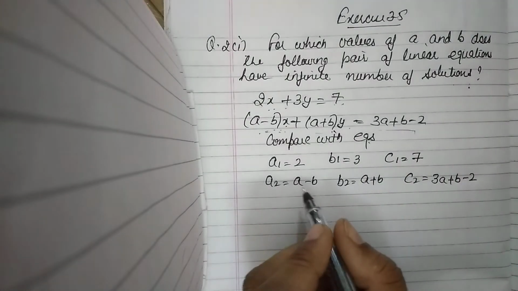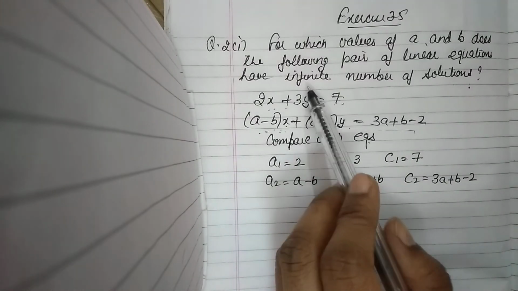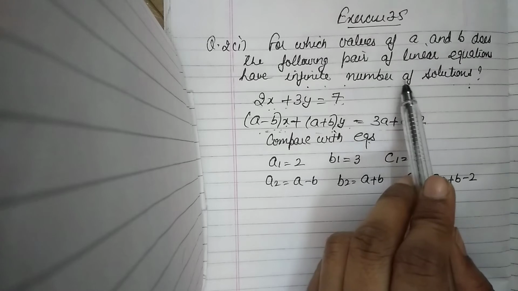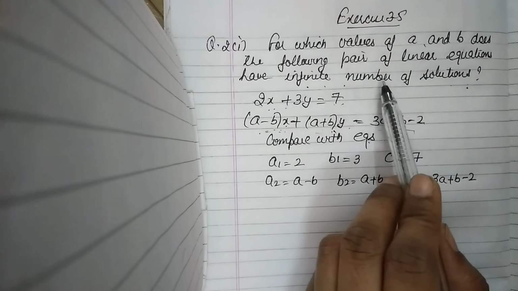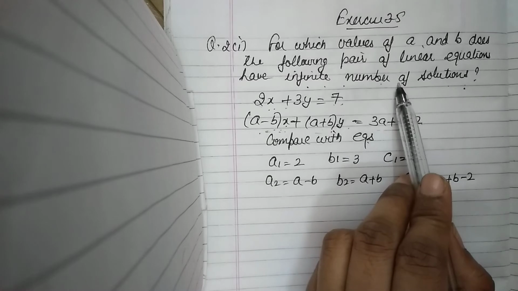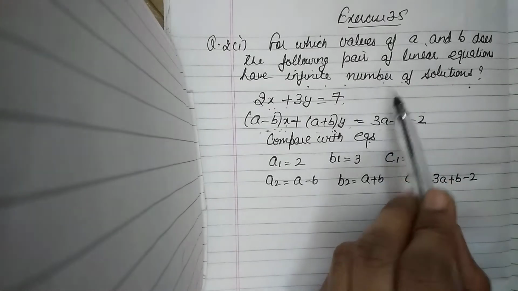Now in this question we are given that the system of equations has infinitely many solutions. We all know that when the system of equations has infinitely many solutions, all the ratios a1 upon a2, b1 upon b2 and c1 upon c2 are equal.